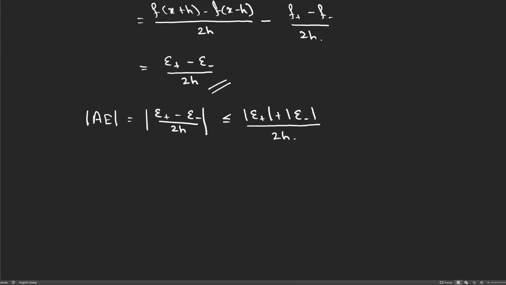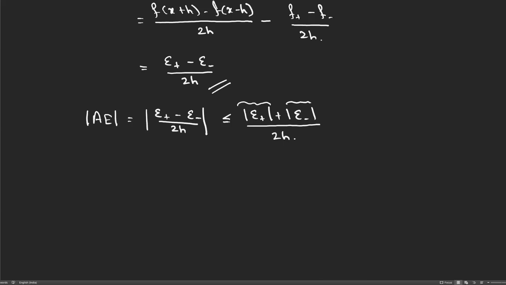Now, if we know some more information about this epsilon, say if you assume that the function values are taken with so many significant digits, or the function values are approximated using some n-digit rounding or chopping, in some way or the other, if you know an estimate for these epsilons, then further you can dominate the arithmetic error with that information. Like in the last example, we assumed that the function values are used with 6 significant digits. From there, we got an estimate for the epsilon infinity.